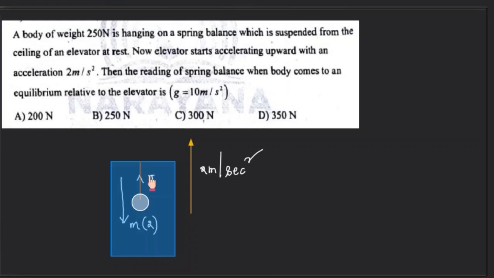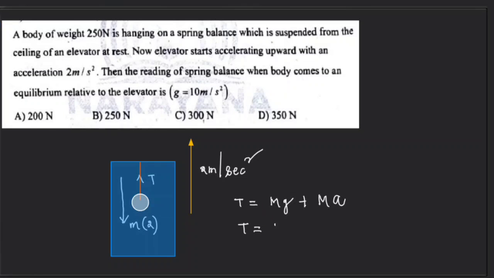Now we could say this tension T is equal to mg plus m into a. Both have the same m. What we have to calculate here is the reading of the spring balance.